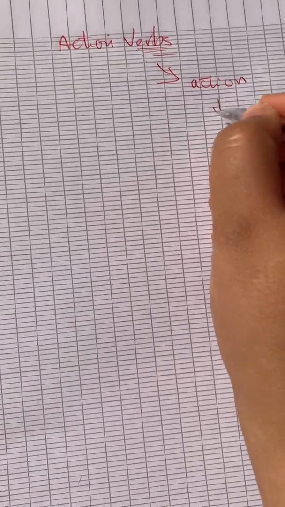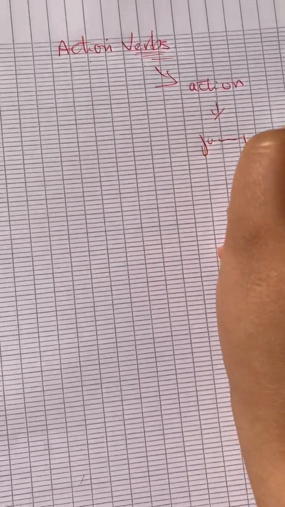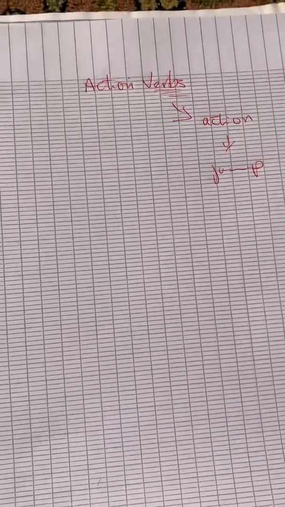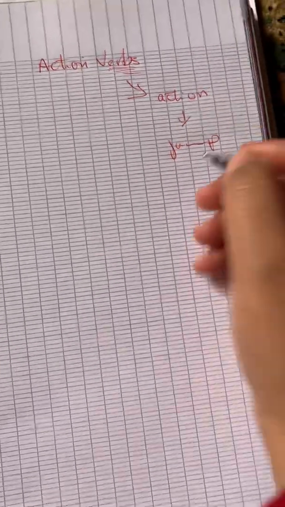Okay, like what? Think and try to give yourself examples. Okay, action, like let's say jump. Someone is moving. Jumping, he is doing something, means he is doing an action. So jump, we call it action verb.